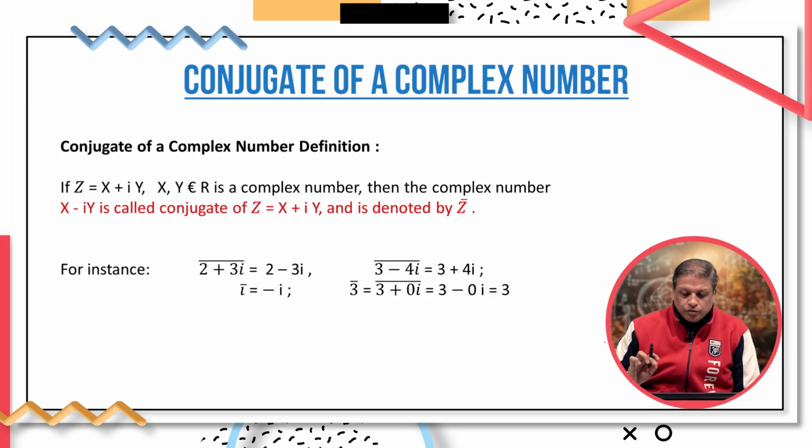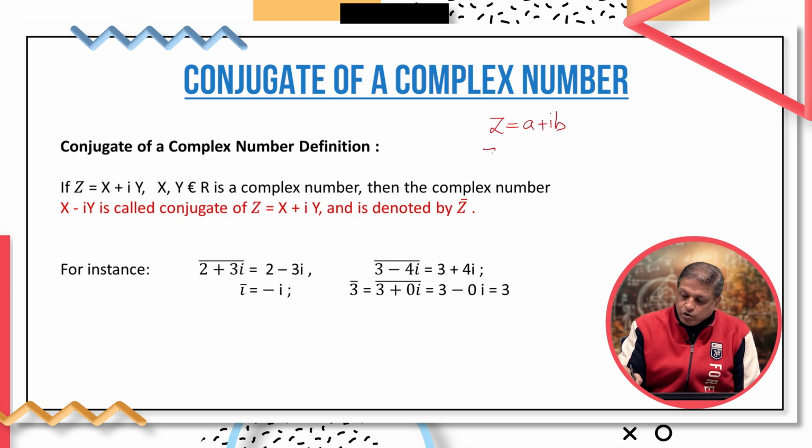So we had discussed also about the conjugate part of the complex number. We learned that if z is equal to a plus ib, then the conjugate z bar is equal to a minus ib, and this is represented by z bar.